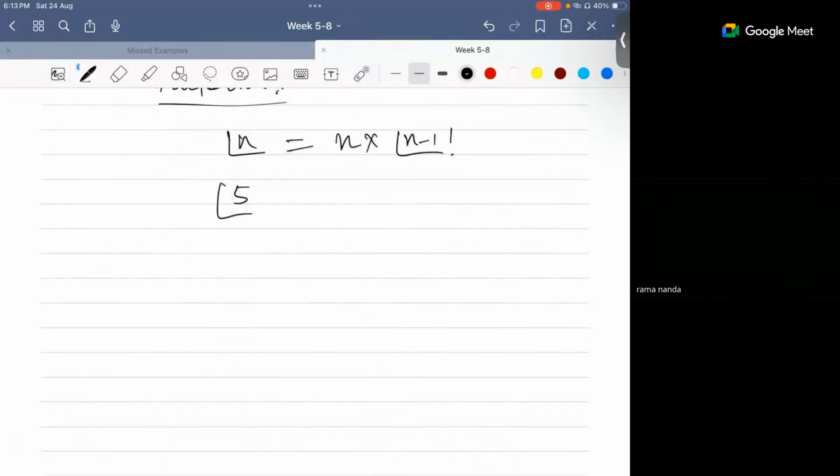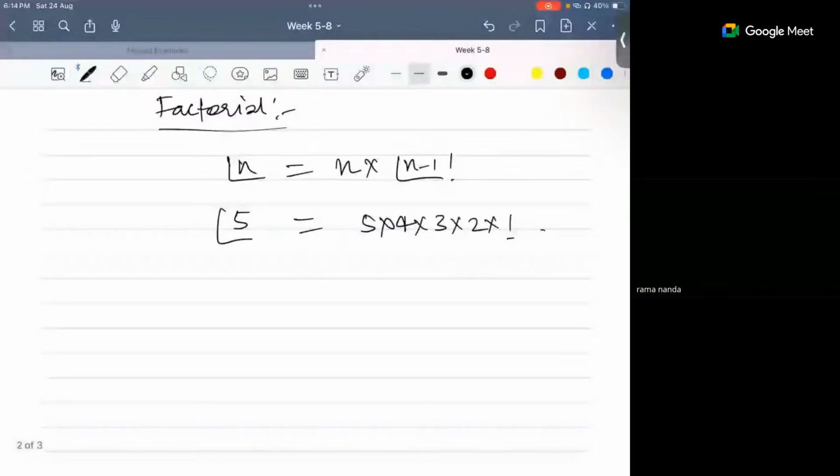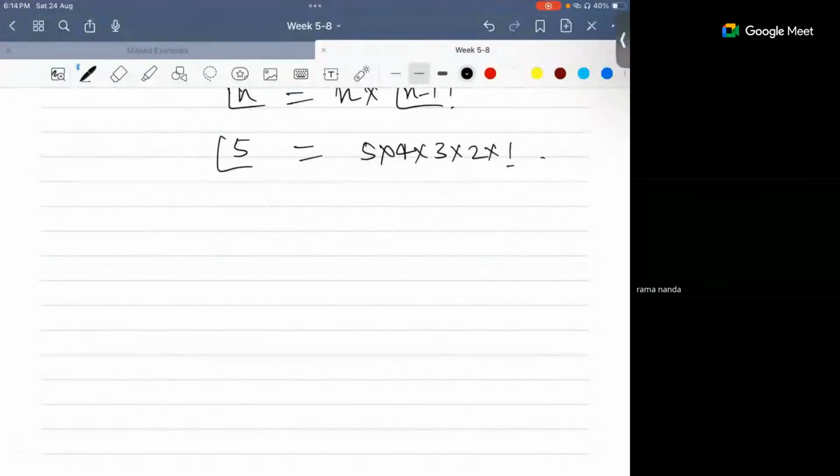And for any factorial, for example 5 factorial, you calculate simply 5 into 4 into 3 into 2 into 1. Very simple. So this was just the counting. Mostly there won't be any questions asked on counting, it's that simple. Now we'll deal with permutation.